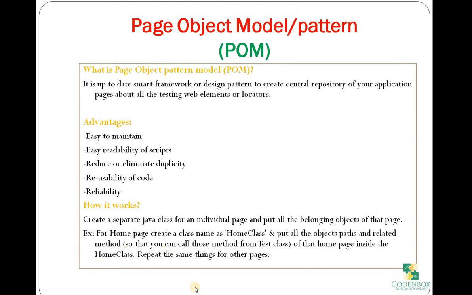As an example, if you have a home page, we'll create a class for your home page, like a home class, and put all the objects like web elements, paths and related methods for each and every web element, so that you can call those methods from your test cases whenever you need to use any one of the related web elements. Okay, and repeat the same thing for other pages.